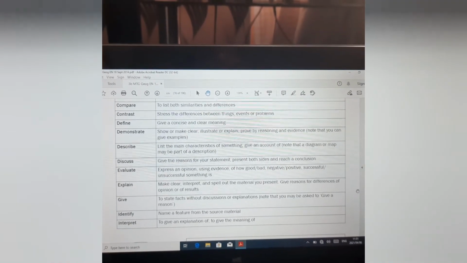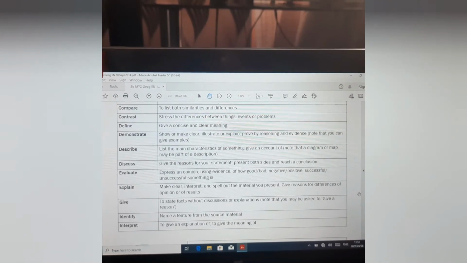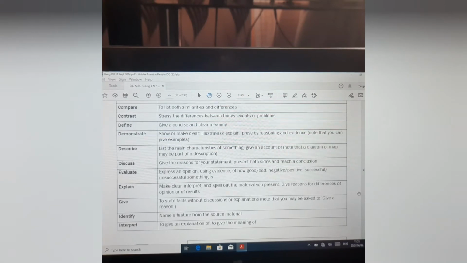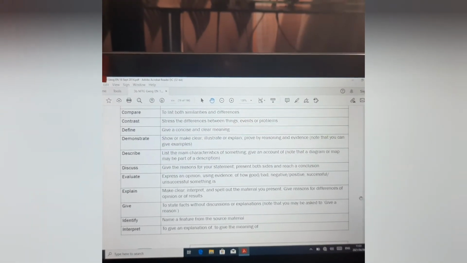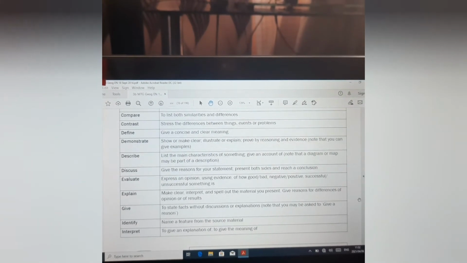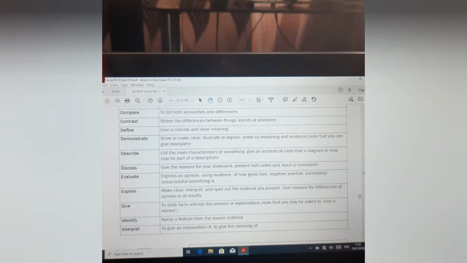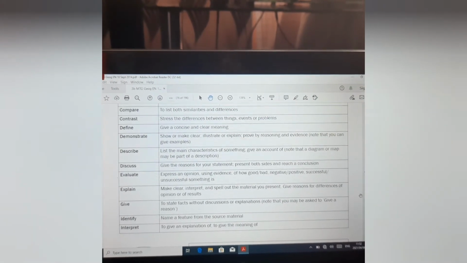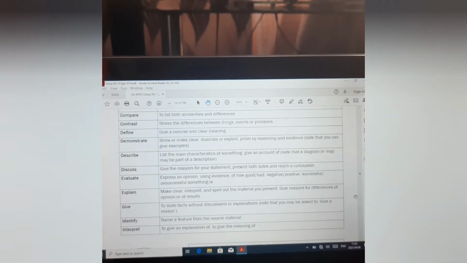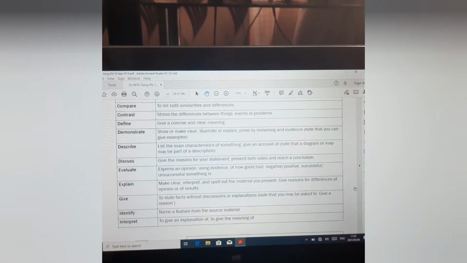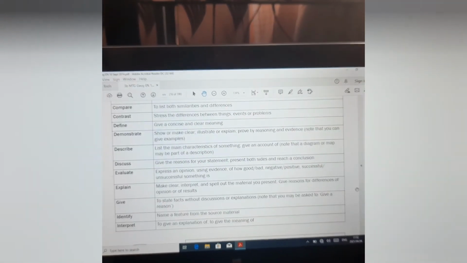Note that you may be asked to give a reason as well. If they say give something, you should be able to give a reason for that. You state facts without discussing them. So it could be you giving points of a cumulonimbus cloud.